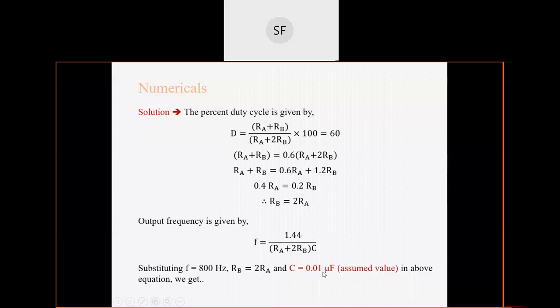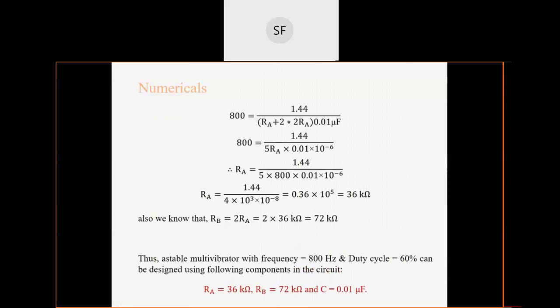So we have assumed C equals 0.01. We are substituting the values of frequency, RB and capacitor value in this equation. You can observe here we have put the frequency value, that is 800. It was 800 Hertz, so we have directly put the value 800. If it were 1 kilohertz, you would have to put 1000, that is 10 to the power 3.